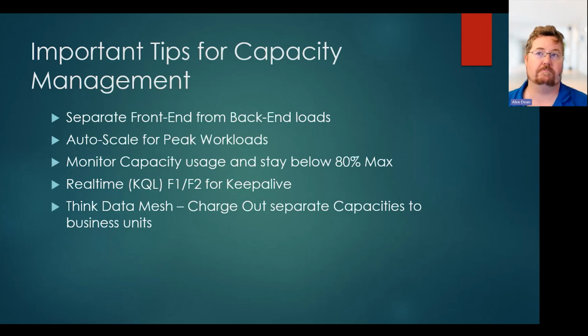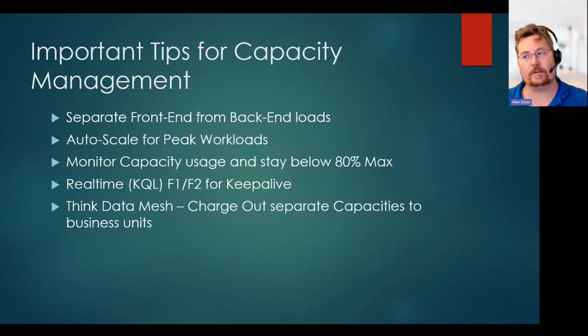And then actually, you might even get away with an F2 for front end and an F8 for back end. And make sure that the front-end jobs don't rely on the back end to work. In that case, you can have your front-end activities without the same throttling and pain that you would get from your back-end jobs.